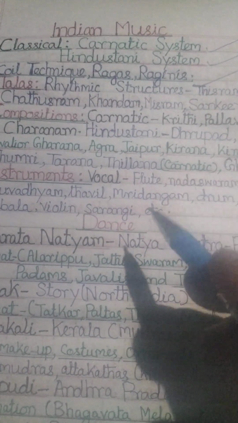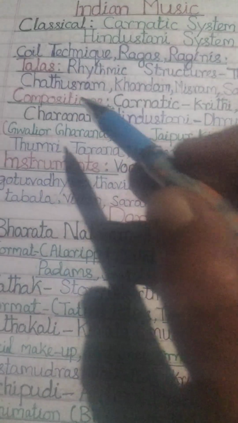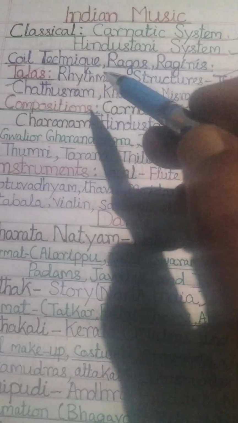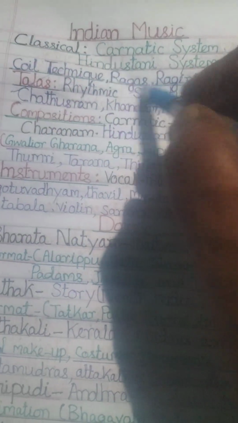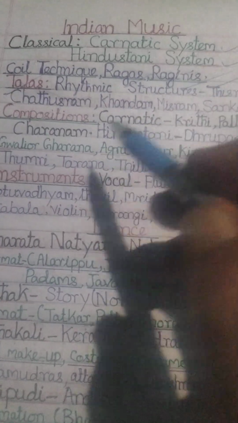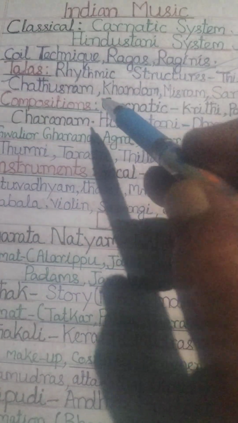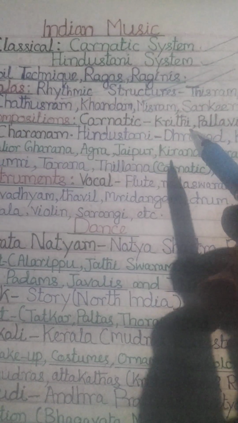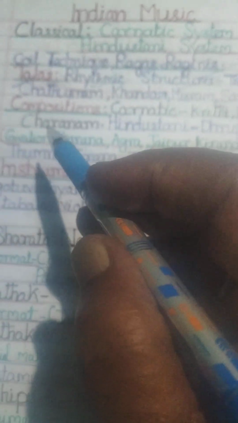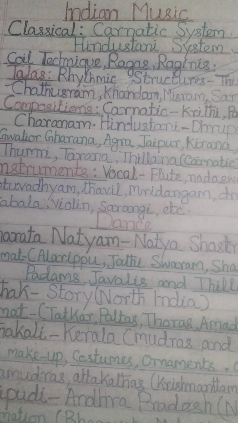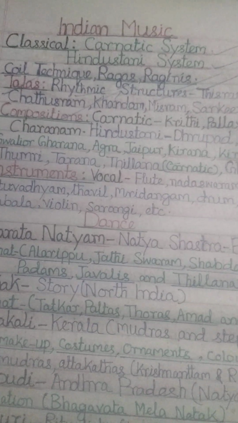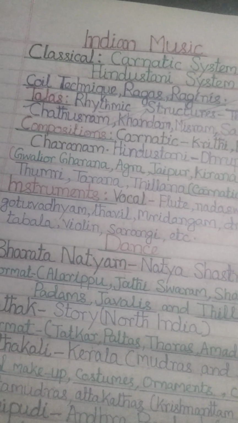In that connection, we'll discuss the talas, the technique, and ragas, raginis, the rhythmic structure, and the composition regarding both the classical musics. So, I would like to start with this.